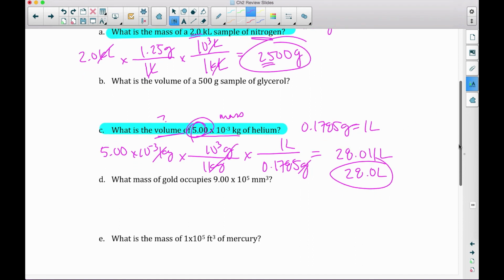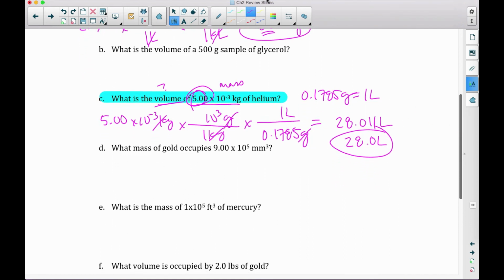Okay, so do be mindful. Some of these get a little bit more thoughtful, like for example here, mass of gold, where we have millimeters cubed. What's that a measure of? Volume. But we're going to have to remember to apply the concept of cubes and cube my entire conversion factor.